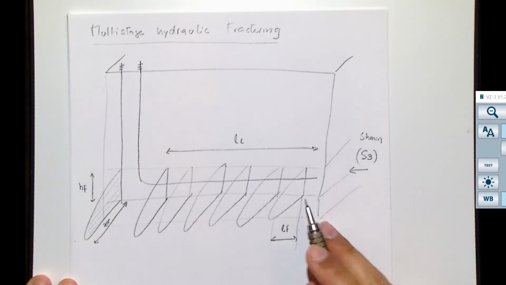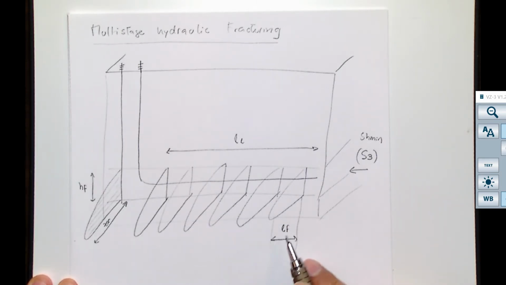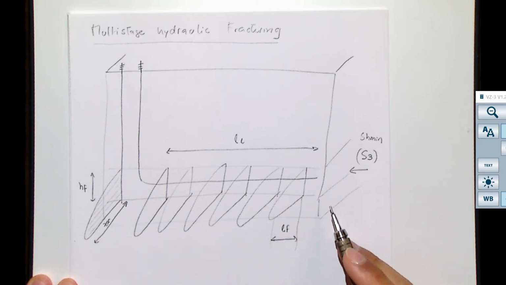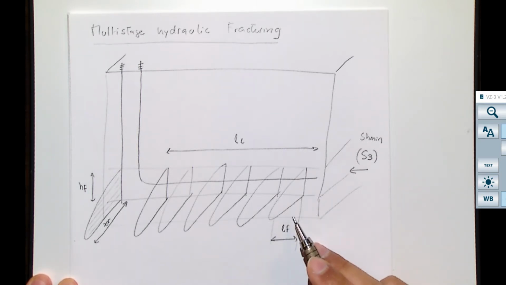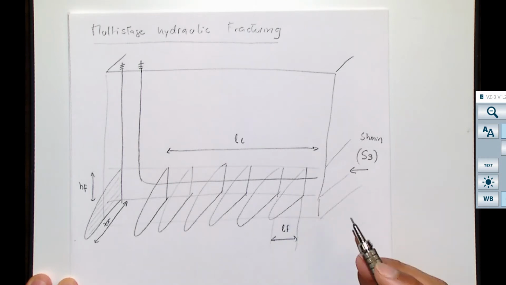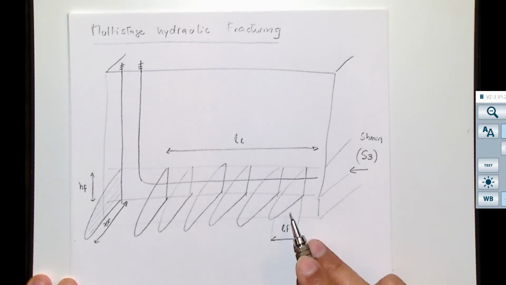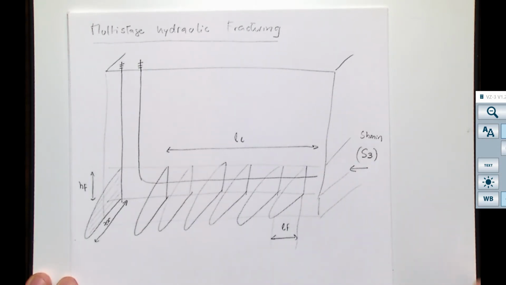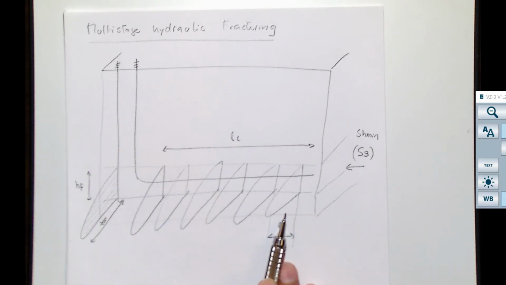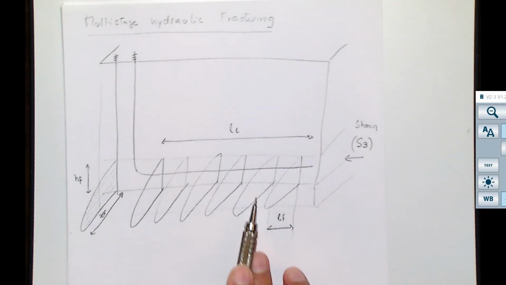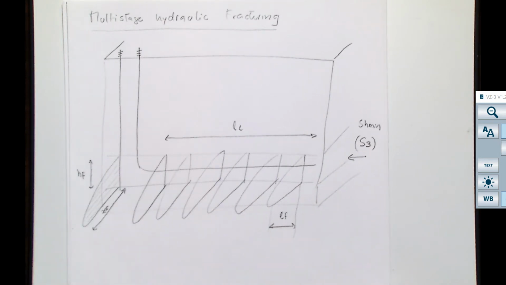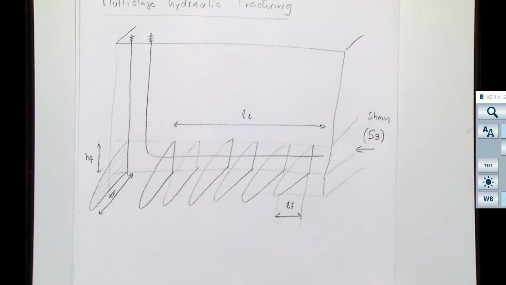For some of these simplified models, we're going to assume these fractures are planar, okay? But later on, we're going to talk about that and see how sometimes that logic is not true. But let's assume for now that these fractures are planar. So if those are planar, then you can assume that you can set a distance between the fractures.